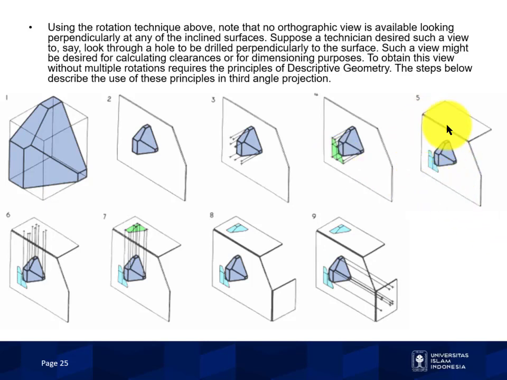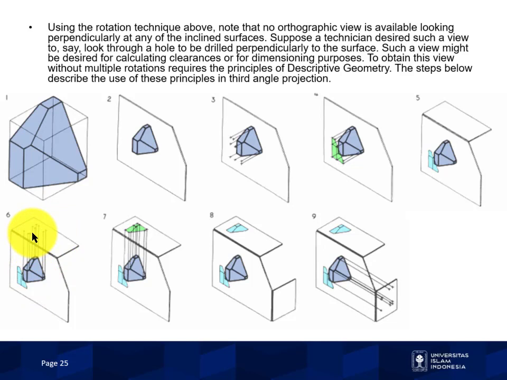Figure 5, a second, horizontal plane of projection is added perpendicular to the first. Then figure 6, projectors emanate parallel from all points of the object perpendicular to the second plane of projection.